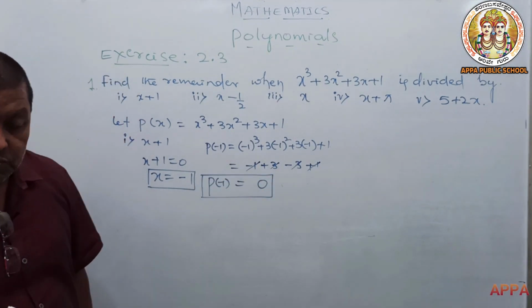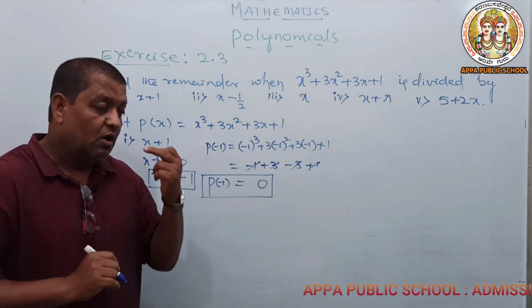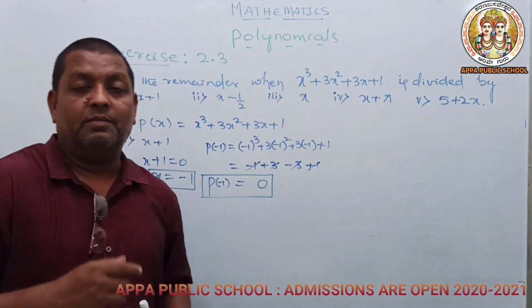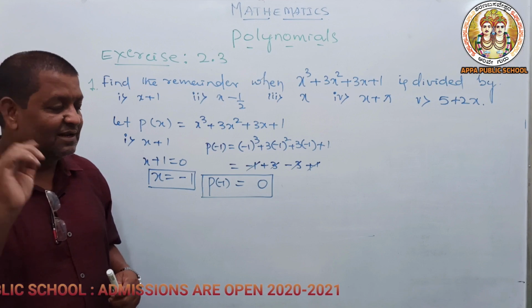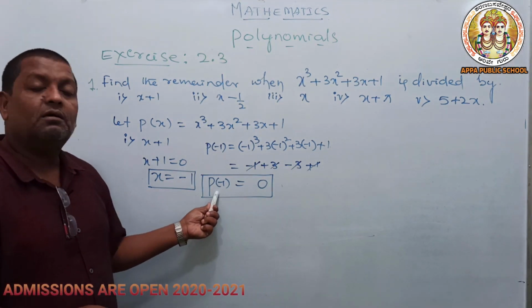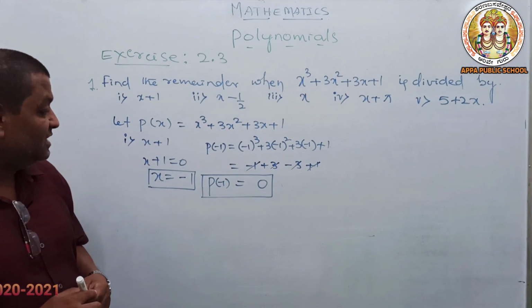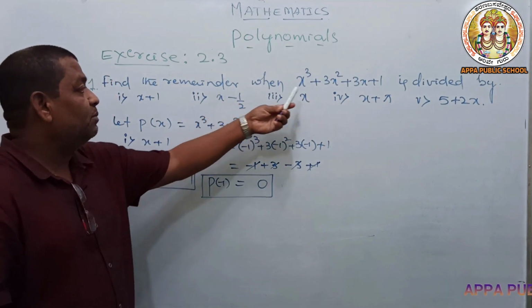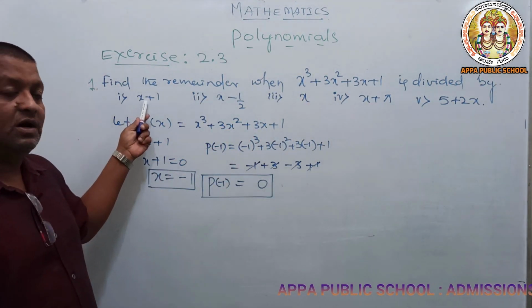For p of minus 1, what we got? Remainder 0. So sometimes when a division is complete, the remainder will come as 0. What is the remainder of this given polynomial when divided by x plus 1?